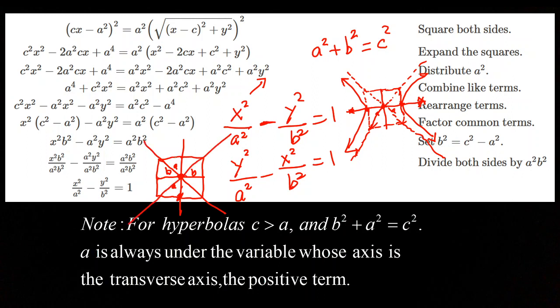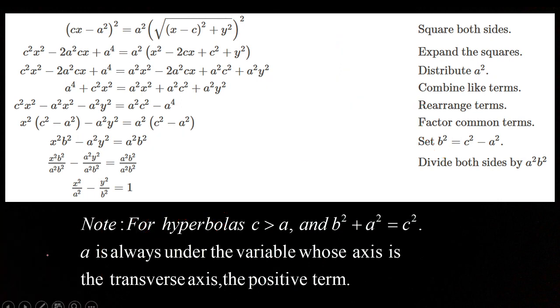The asymptotes. And you know the vertices now, they're here and here, because vertices are a units from the center. And the graph will look like this now, right? And the focus is going to be here somewhere, and we use this formula to find the focus. Okay, so that's the idea.